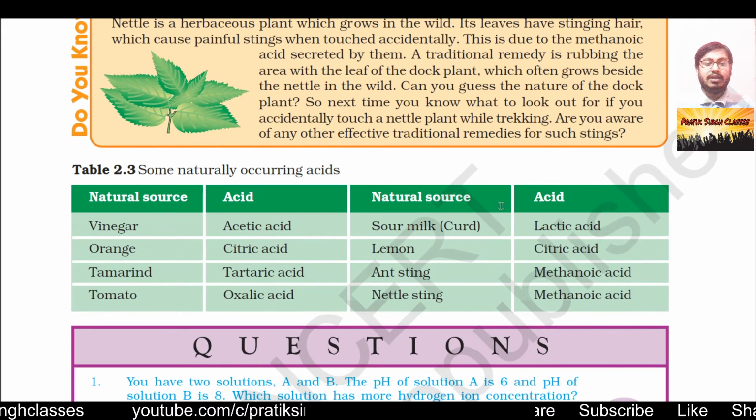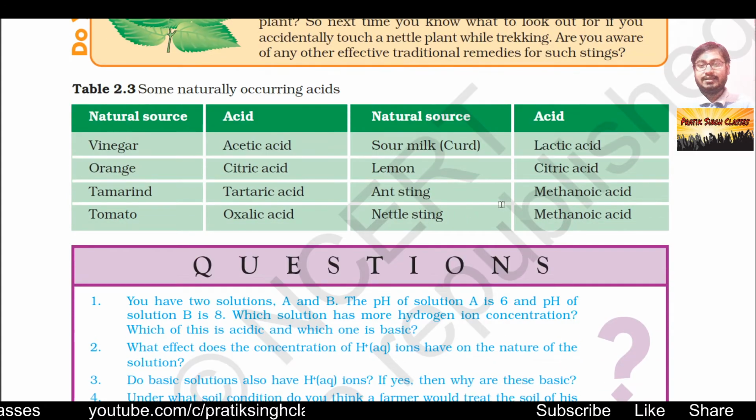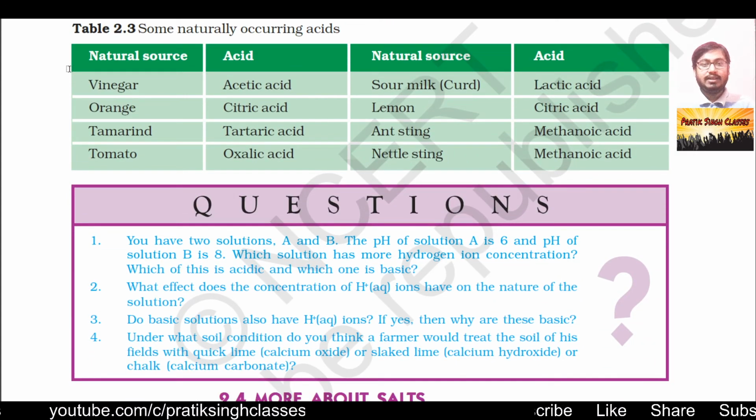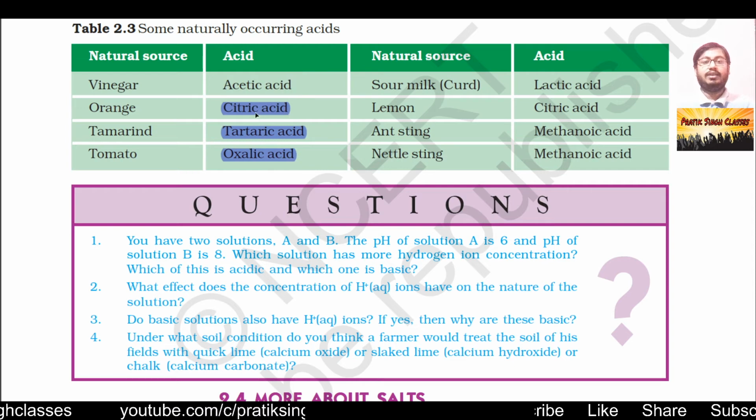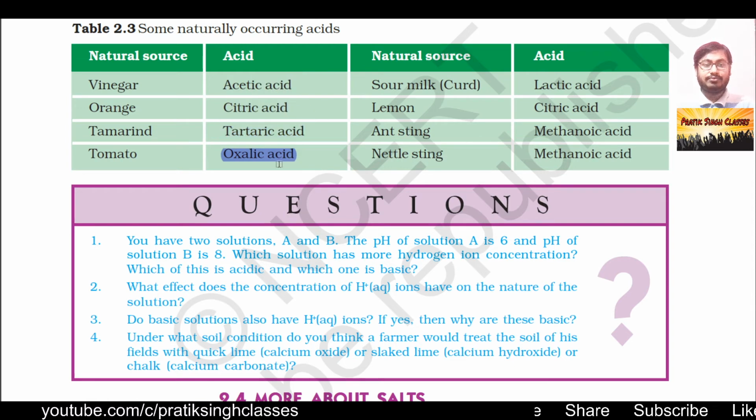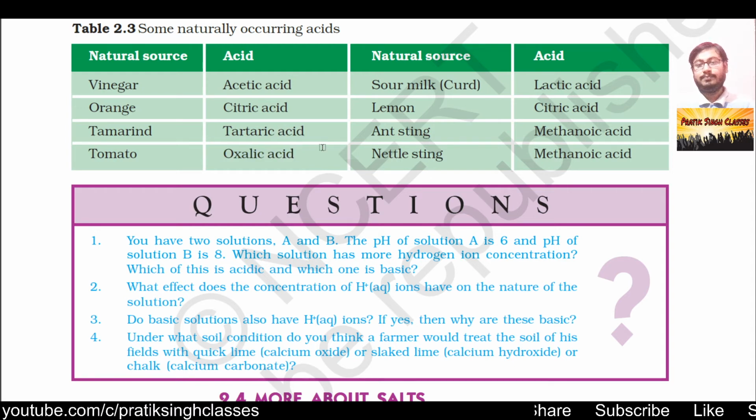Now let us learn some naturally occurring acids, their natural sources and acids. In vinegar we have acetic acid, orange has citric acid, tamarind has tartaric acid, tomatoes have oxalic acid. An interesting fact about tomatoes is that it is not a vegetable, it is a fruit which we use as a vegetable.